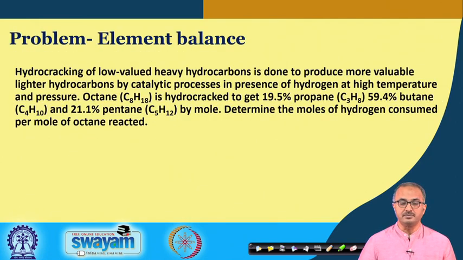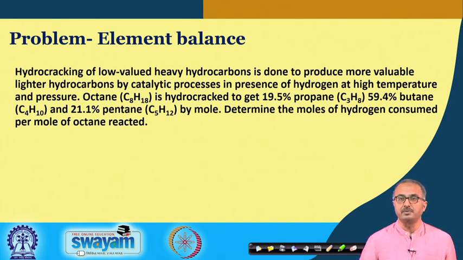Our next problem relates to element balance. First let us look at the problem, and then we shall see what we mean by element balance and where we need it, because so far we have not done any elemental balance; we have been doing some species balance or overall mass balances. Let us see that we have a problem on hydrocracking.